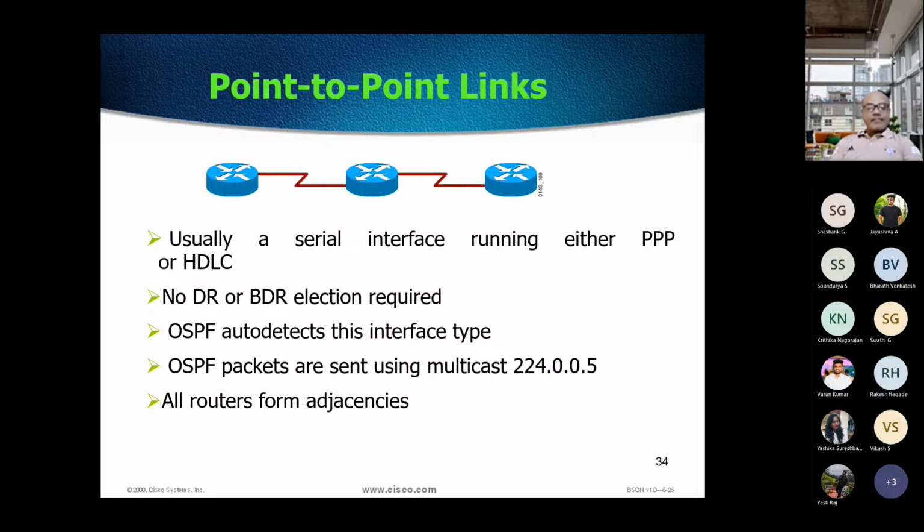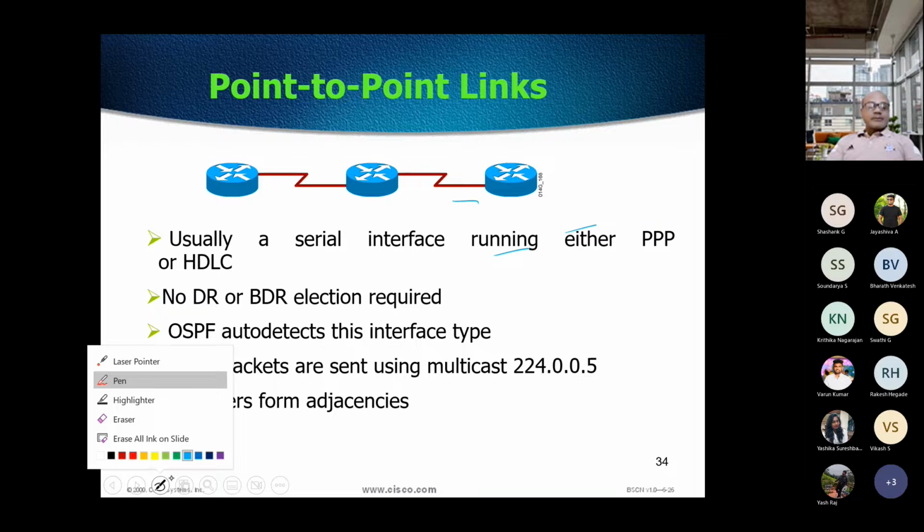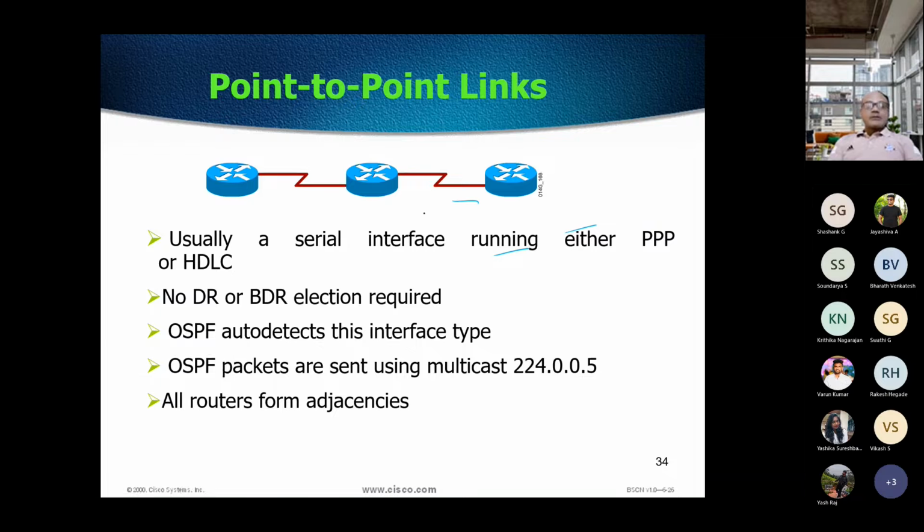So this is the point to point. How does point to point work? If no DR/BDR election is required, usually a serial interface running either PPP or HDLC. If it is connected in this way, there is no need for an election process, no DR/BDR election.